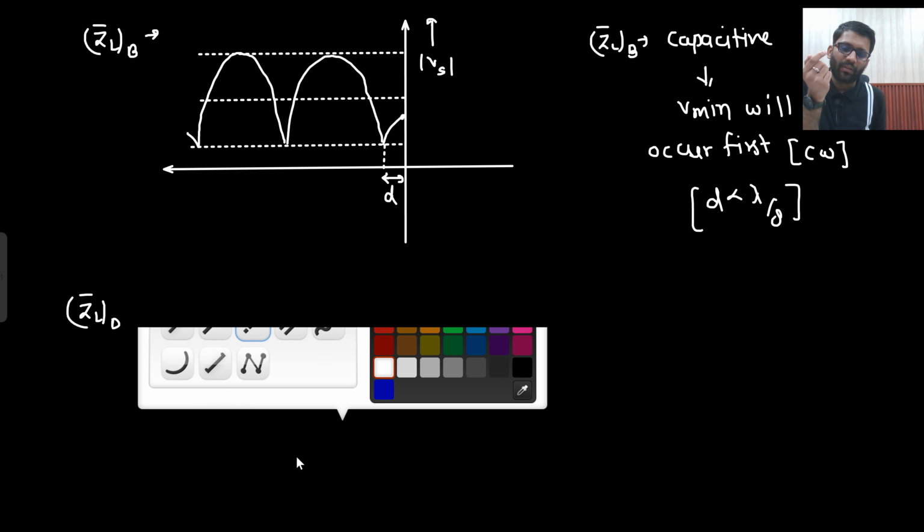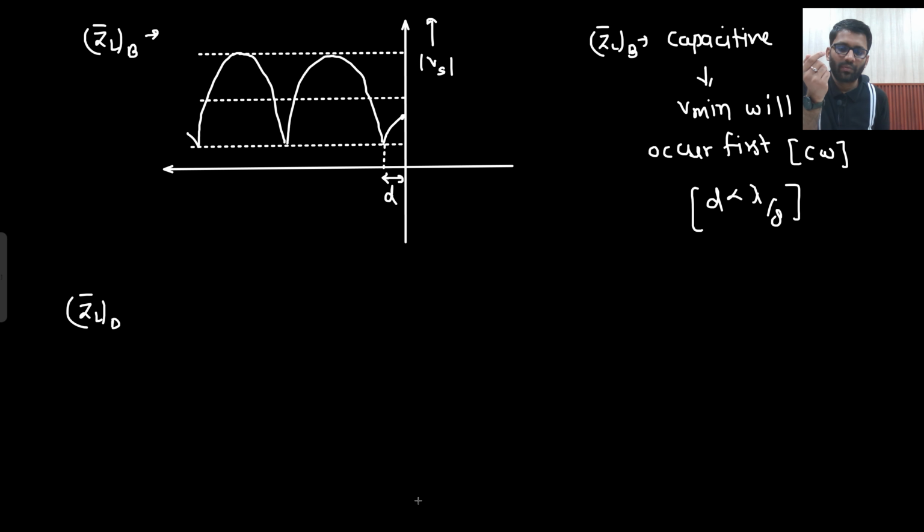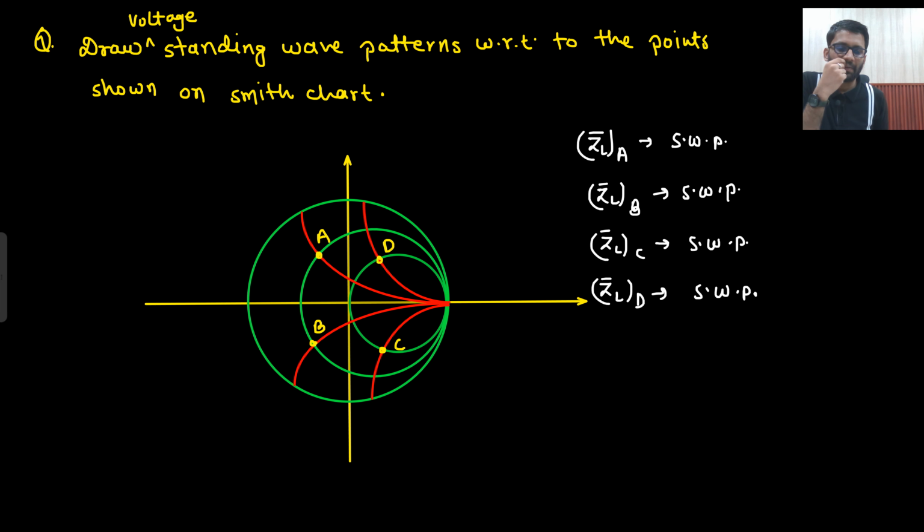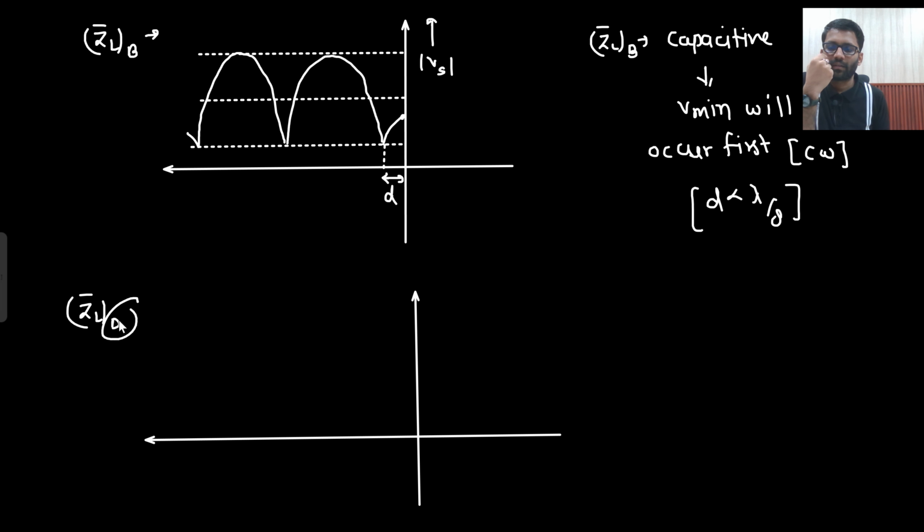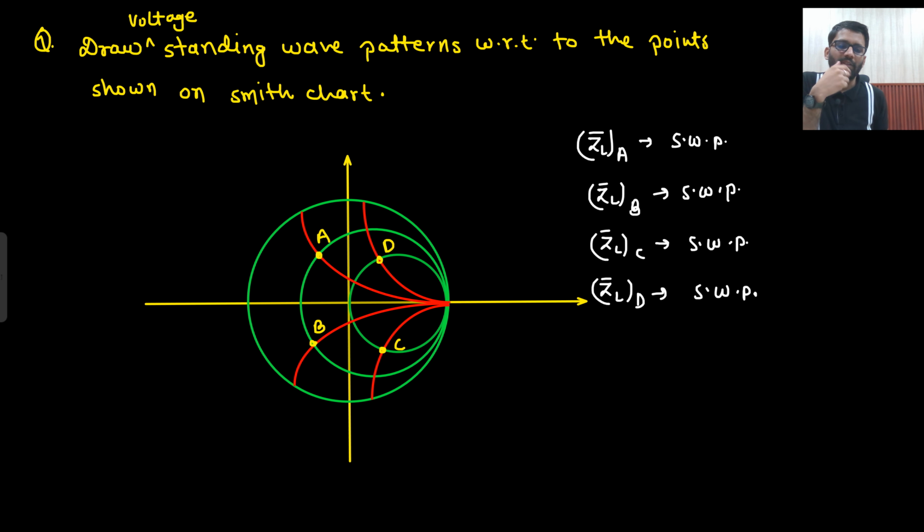And what about the point D? If I discuss the point, no, it is C, sorry, the point is C. If I see the point C, then I will join it to the origin, then I will draw the circle. Where I need to walk, I will always walk in clockwise direction.